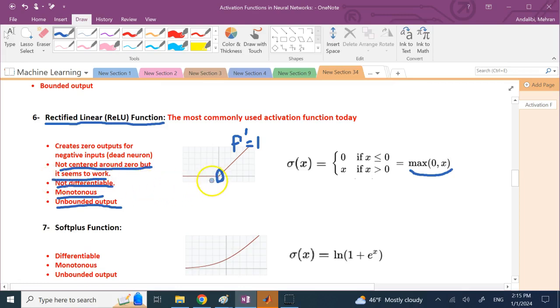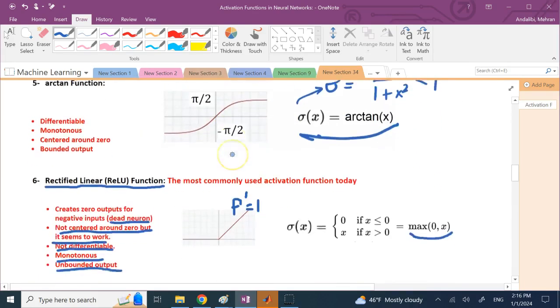The problem it has is it gives all zero for a huge portion of the inputs which are negative. For all of those negative inputs, this will give you zero, so you might call it a dead neuron. Okay, that's another terminology. Dead neuron is when a neuron does not create any output, or at least partially for some inputs it doesn't create any output.